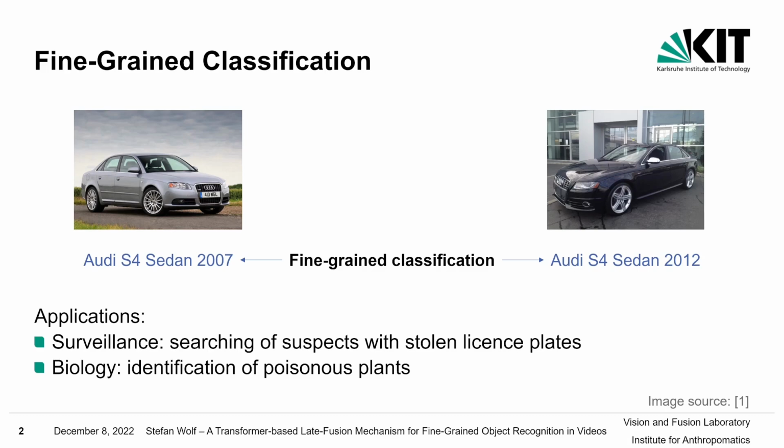So it's useful to be able to classify cars according to the model, so we can still find criminals based on their car model. Another application is in biology, where it's useful to classify plants so we can know whether it's a poisonous plant or not.